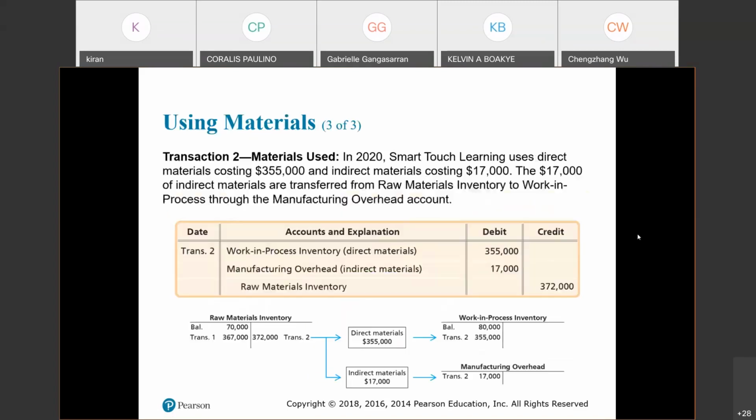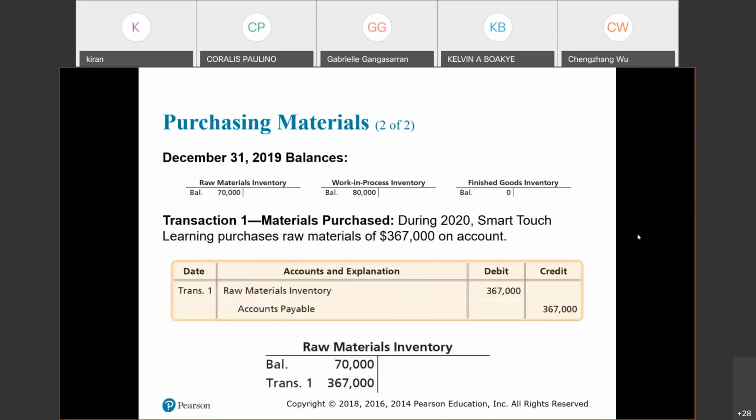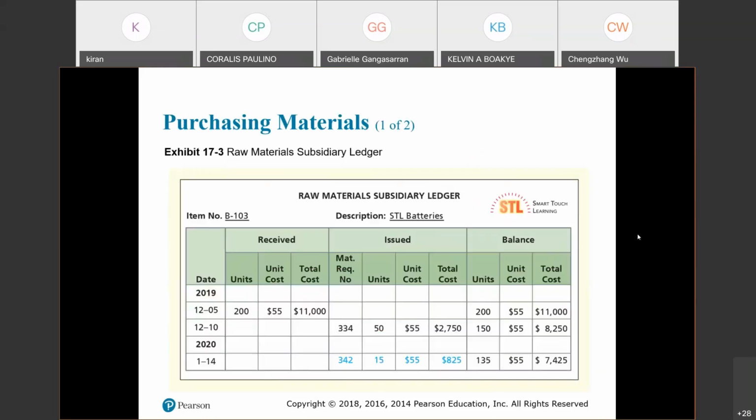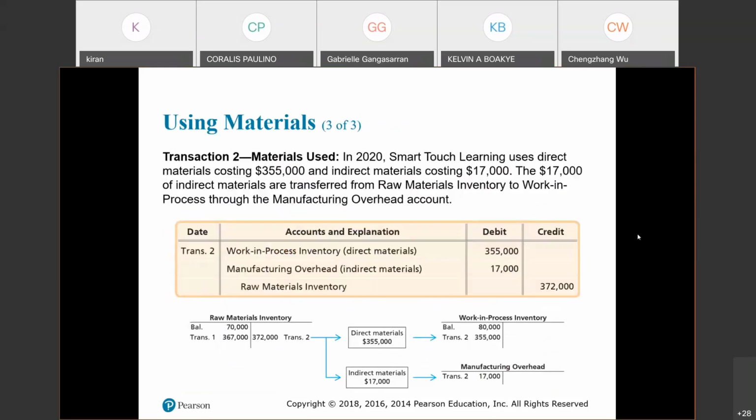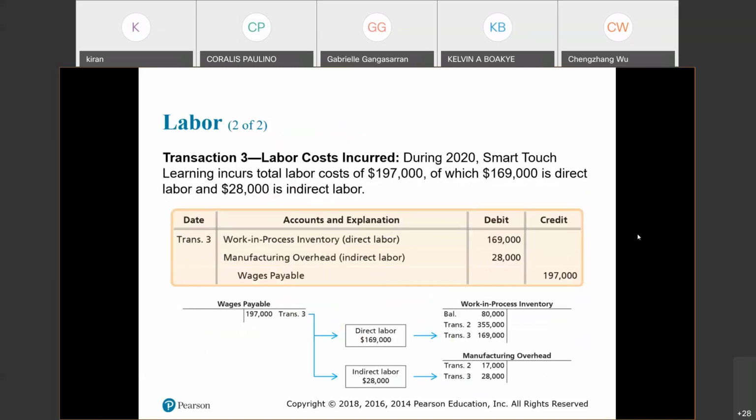Let's go back and see the use of materials. See, in use of materials, direct materials is debited to WIP inventory, and for indirect materials, this part is debited to manufacturing overhead. WIP inventory and manufacturing overhead accounts, these two accounts. So, similarly, for labor, same thing.